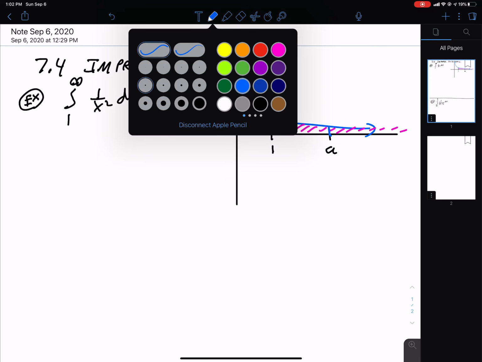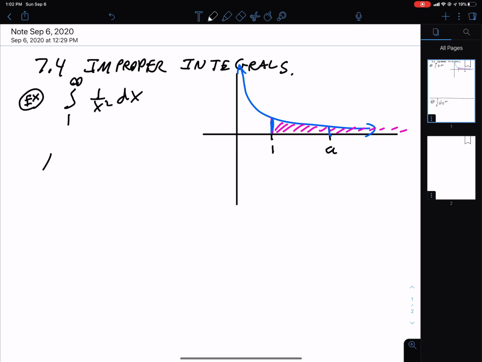And so here's what we're going to do. We take the limit. No, I'm not even going to do the limit yet. I'm a liar. My pants are on fire. So what I'm going to do is integrate from 1 to A of 1 over x squared dx.